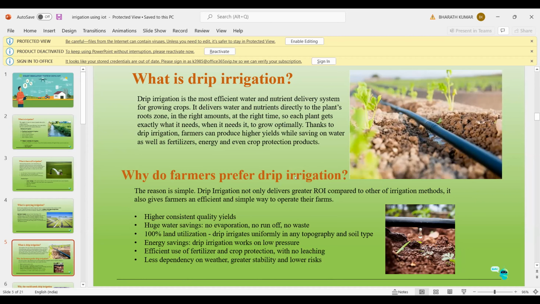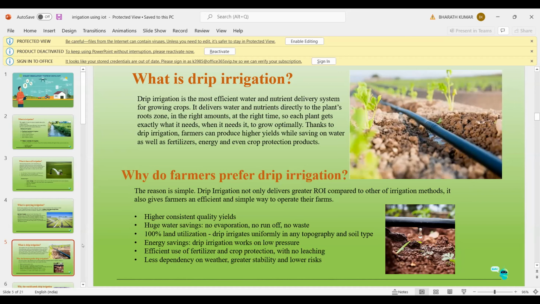How do farmers prefer the irrigation system? They consider quality of yields, water saving, 100% land utilization, drip irrigation suitable for any soil type, energy saving, efficient use of fertilizers, and less dependency on weather.